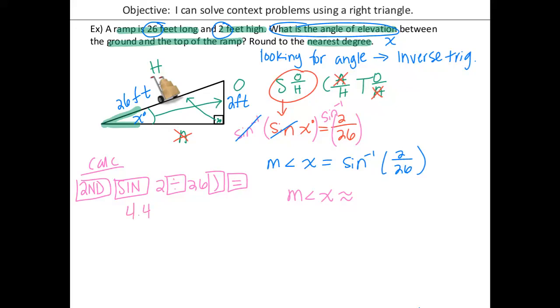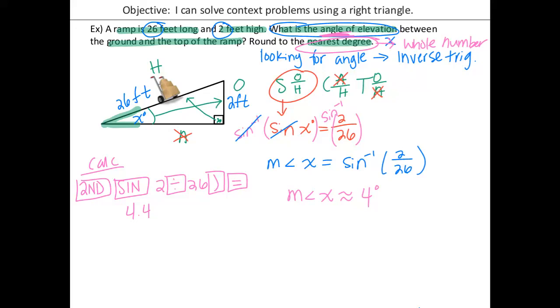4.4, but because I'm looking for an angle, we round to the nearest degree, which means you round to the nearest whole number. So to the nearest degree, what would a 4.4 round to? Just 4 degrees. Okay? And then don't forget you have to write a sentence.